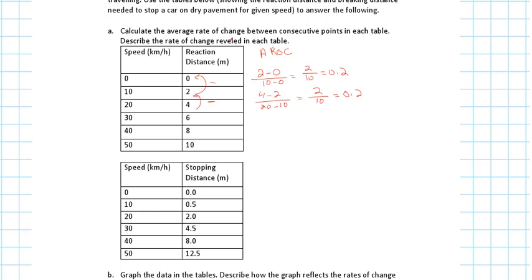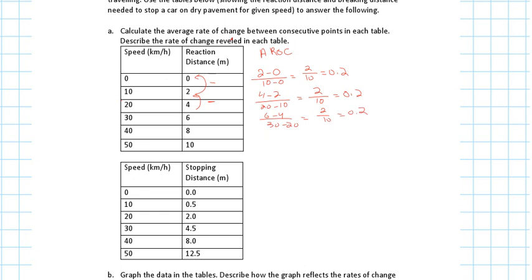What would be my next one? 6 minus 4 over 30 minus 20, which is the same thing, 2 over 10, which is 0.2.